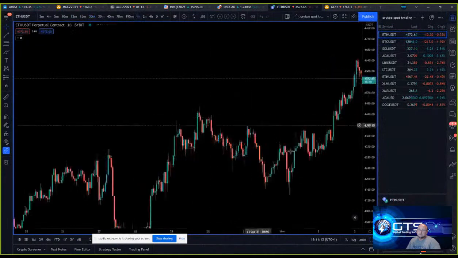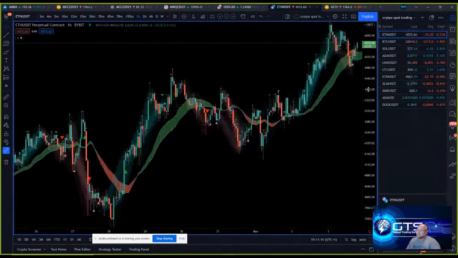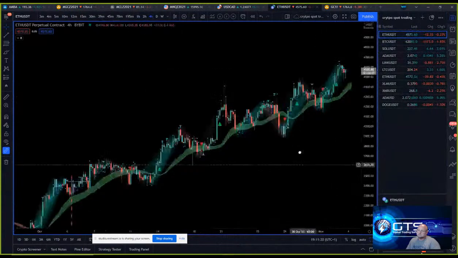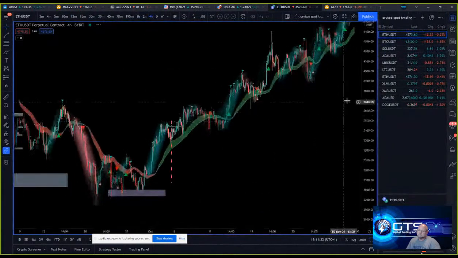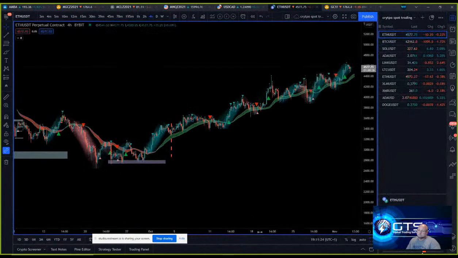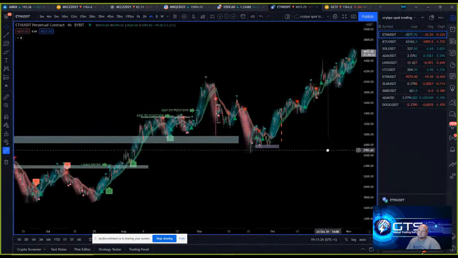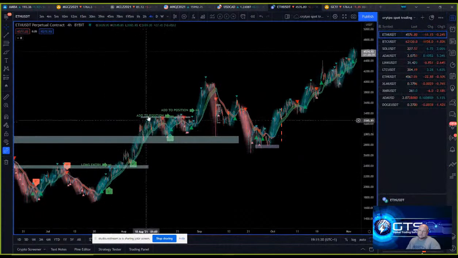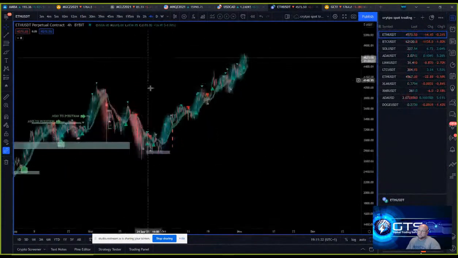I think it's probably more on the hourly or the 4-hourly. Look at these. Long entry here, 6-star buy, 6-star buy, 6-star buy, pulls back.